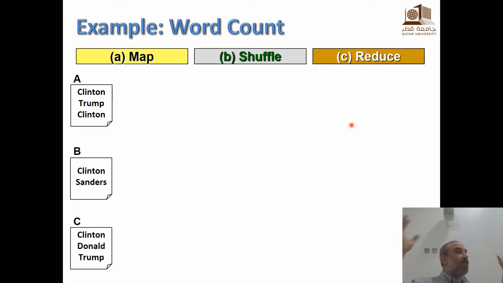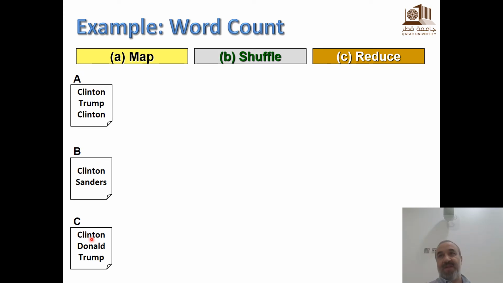So you have a collection of textual documents, and you want to count how many times each word appears in the entire set of documents. So for this toy example, you can see, for example, the word Clinton here appeared 1, 2, 3, 4 times.